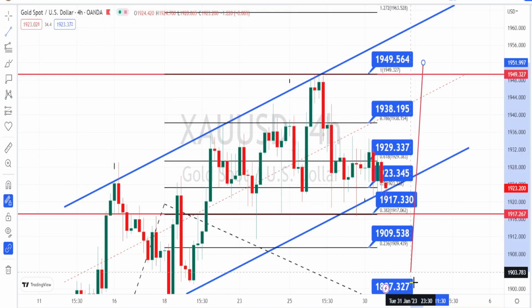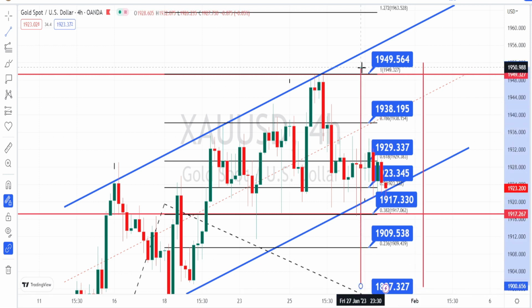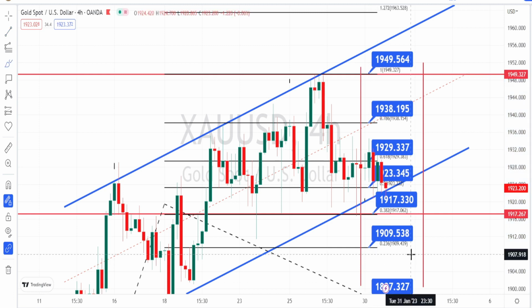So the values within these blue color boxes are the resistance and support levels for current price action in 4 hours time frame. Currently the price action is trading between the support level of 1917 and resistance level of 1923.